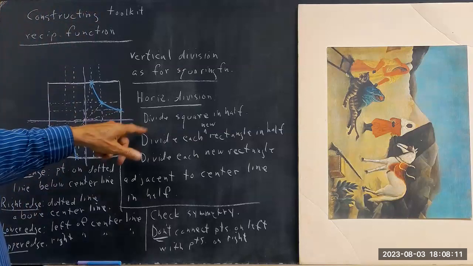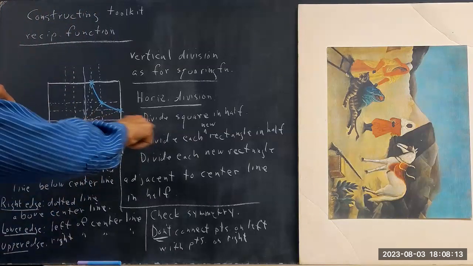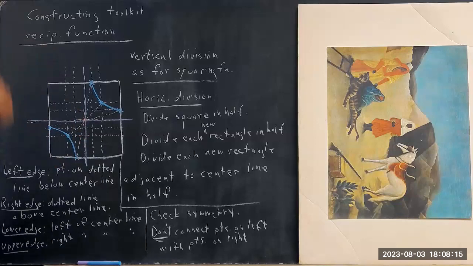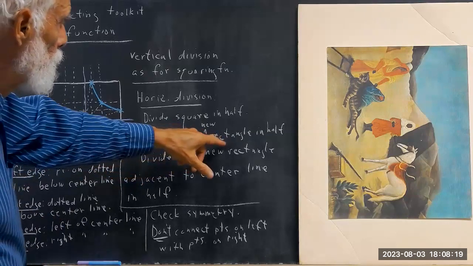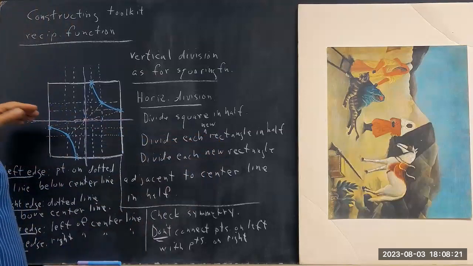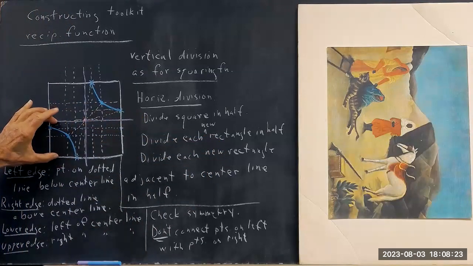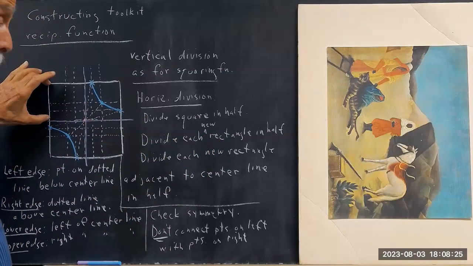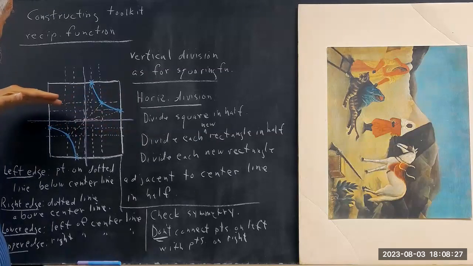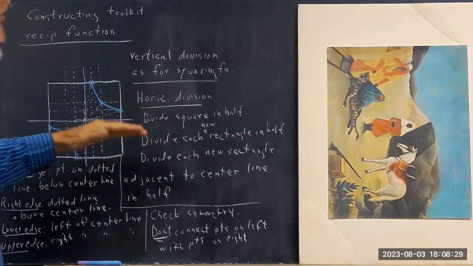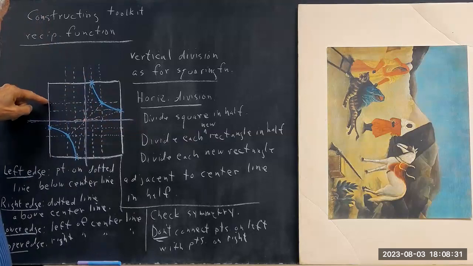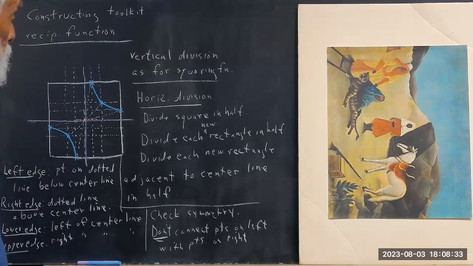Okay, we divide the square in half. That's a horizontal line through the center, which is the red dot. Divide each new rectangle in half. So when you divide it, you've got a new rectangle down here, a new rectangle up here. We're doing this horizontally, so we divide each one in half with a horizontal line. It'd be this line and this line.